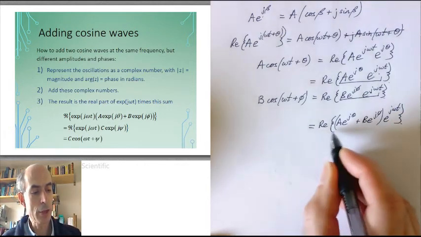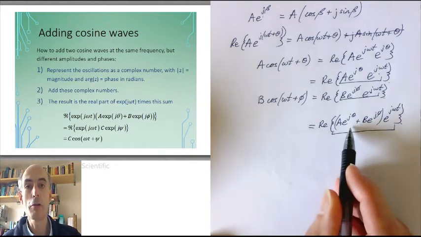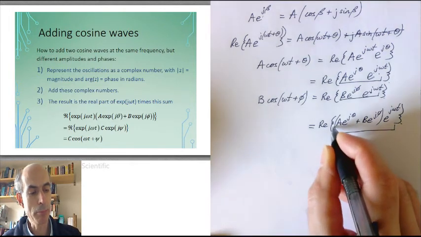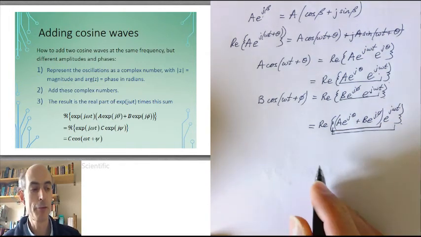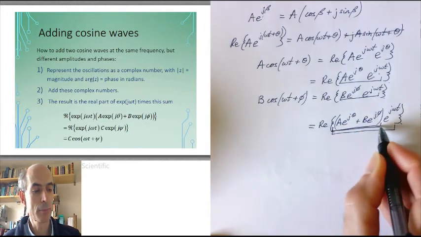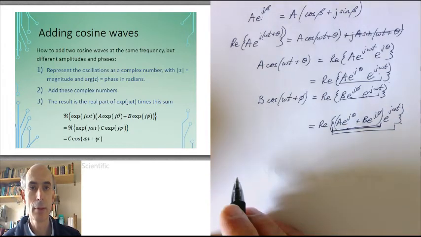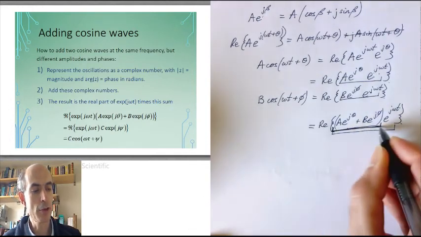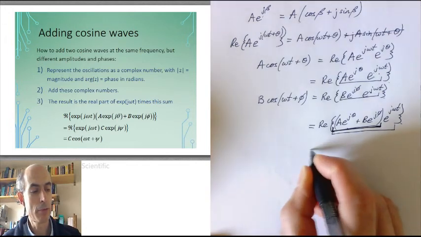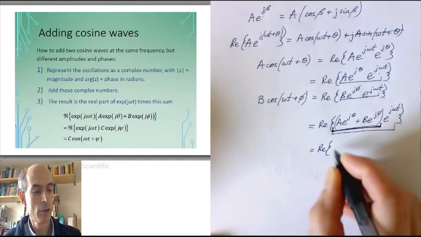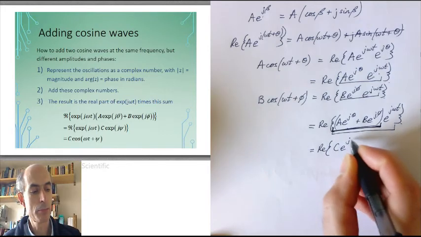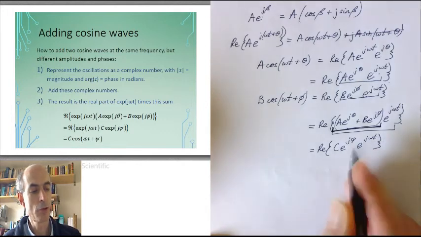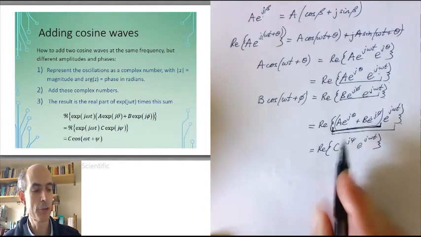But this, as we've seen, is the form of a cosine wave, which is going to have an amplitude given by the amplitude of this term, and a phase given by the phase of this term. So all I have to do is work out the amplitude of this and the phase of this. That might be, for example, equal to c e to the j psi times e to the j omega t, just adding up those two complex numbers to give me this complex number here.